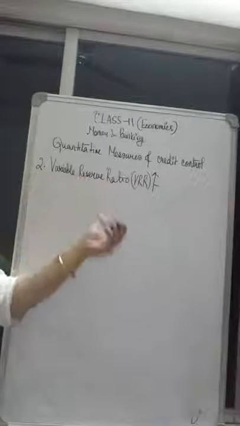Now, when the variable reserve ratio increases, what are the consequences? That means the central bank asks the commercial banks to keep more money as reserve with the central bank. That means commercial banks' amount of money to use as loan decreases.